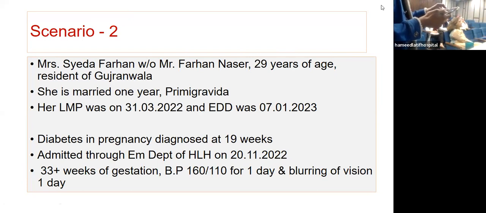Mrs. SF, 29 years of age, married for 1 year, primary gravida, at 33 weeks of gestation, presented to us with increased blood pressure, known case of gestational diabetes, presented with increased blood pressure of 160 by 110 for about 1 day with blurring of vision.